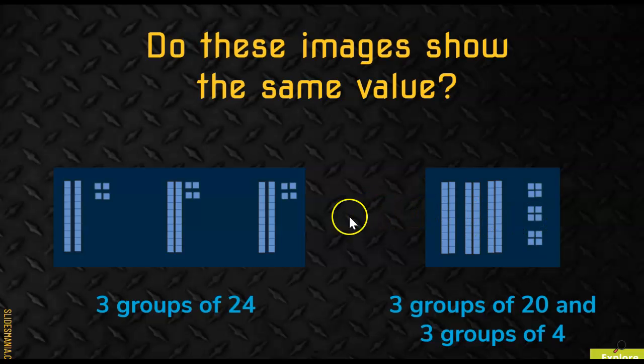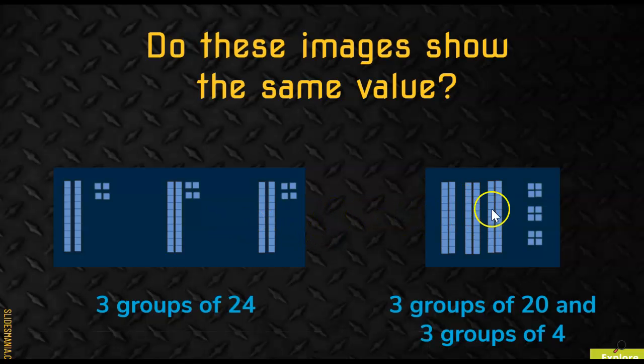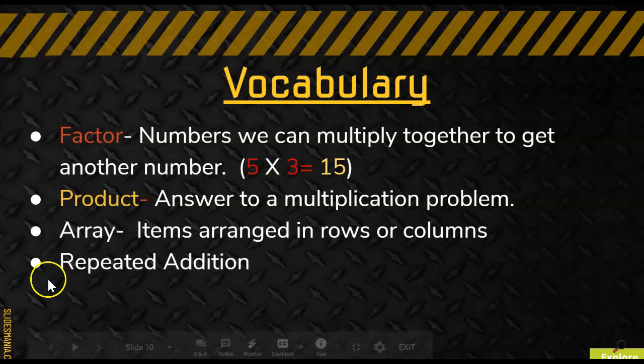They have the same value. Therefore, 3 times 24 is the same as 3 times 20 plus 3 times 4.